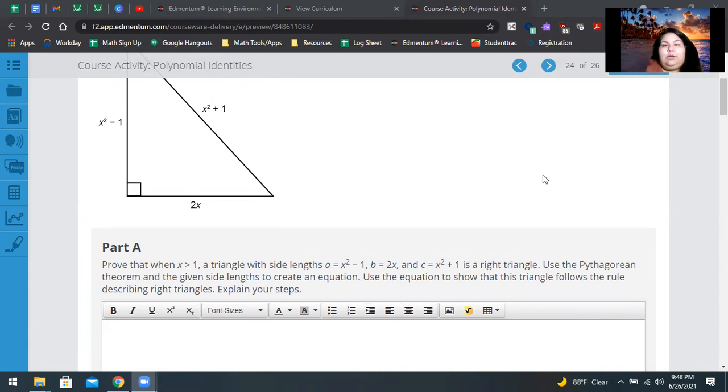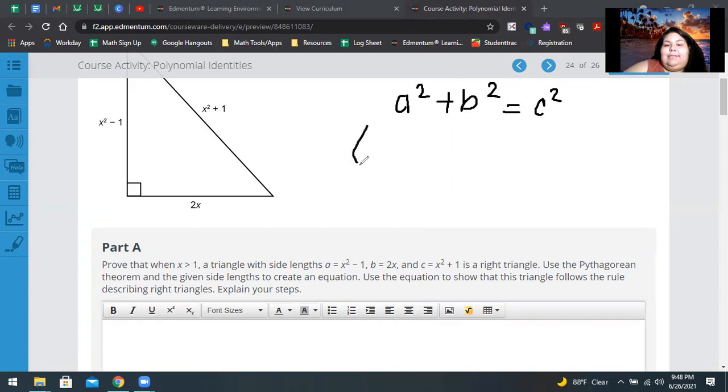So if it is a right triangle, then a squared plus b squared should work for this triangle. What is also helpful here is that they told you what your a, b, and c are.